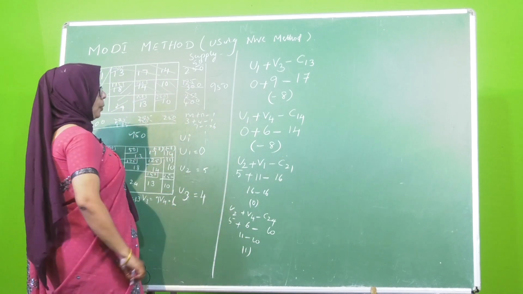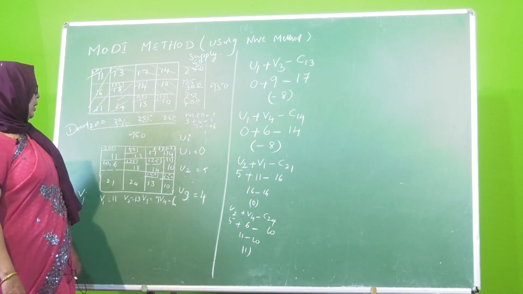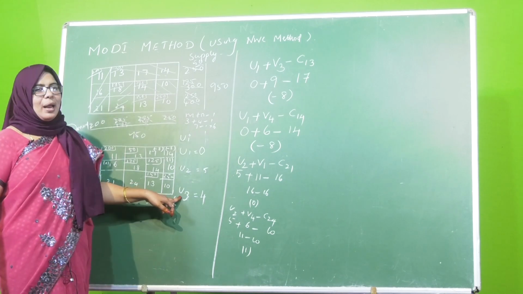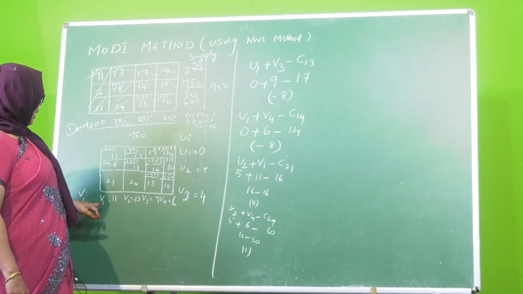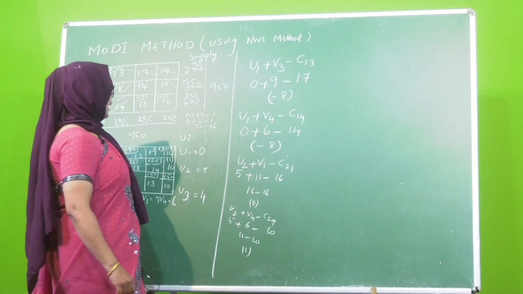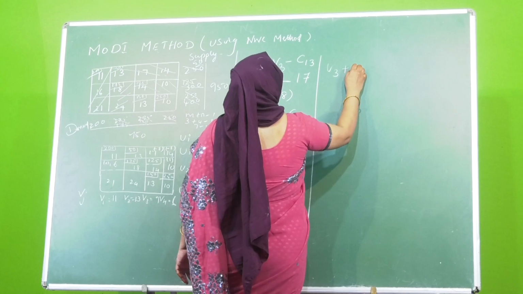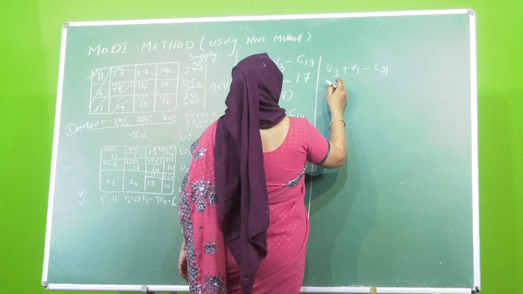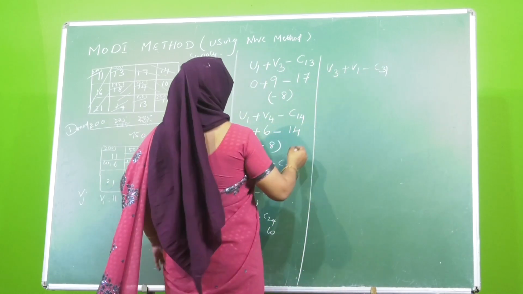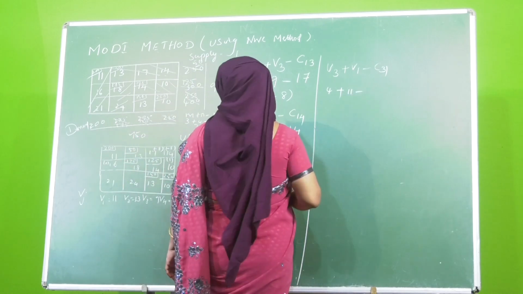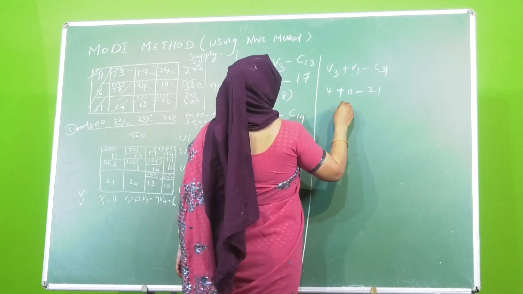So we are getting the positive value 1. Another value, 21: the row value is U3 and the column value is V1. U3 plus V1 minus C31. U3 is 4 plus V1 11 minus C31 21.